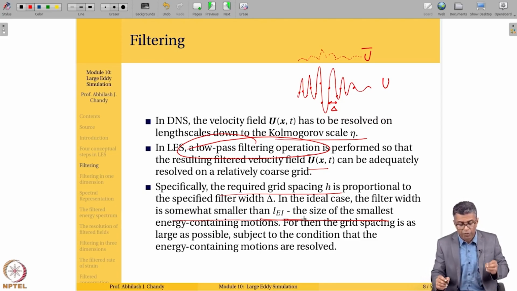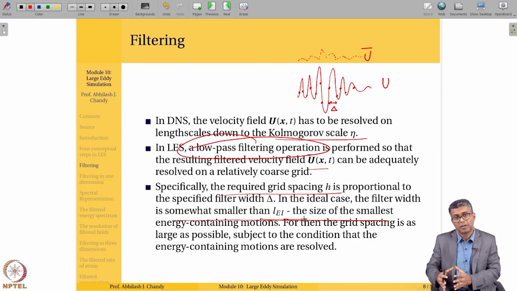Okay, now for the grid spacing to be as large as possible, subject to the condition that the energy containing motions are resolved.